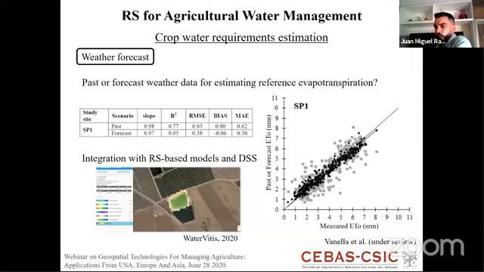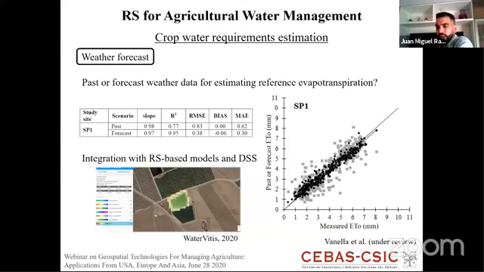Therefore, the use of agrometeorological forecast data is recommended for reference evapotranspiration estimation, since it allows minor errors compared to the use of past weather data, and also permits knowing in advance the occurrence of extreme events, as for instance the presence of heat waves.